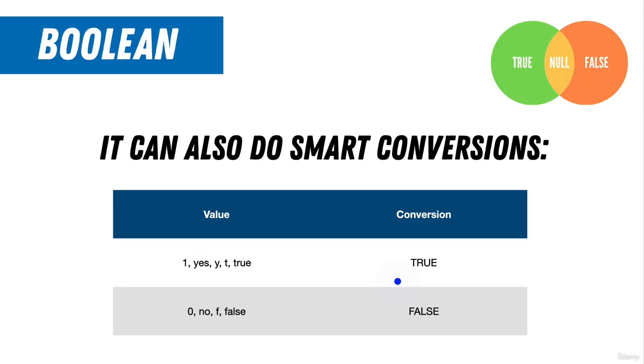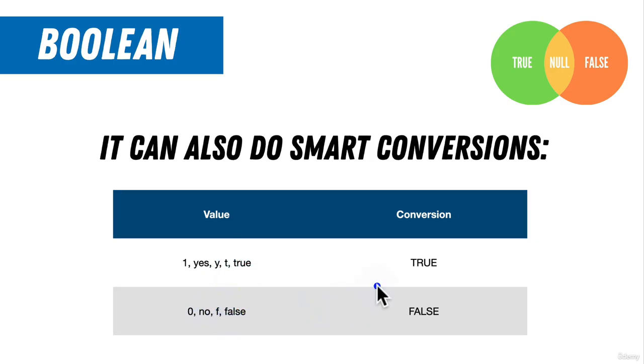It can also do smart conversions. So when we look at this data type, well, it's true, null, or false. But when we fill it into Postgres, Postgres will accept different types of values in this field. So you don't necessarily have to say true or false. You could fill in 1 or 0, which correspond to true or false, yes or no, Y or N, true or false.